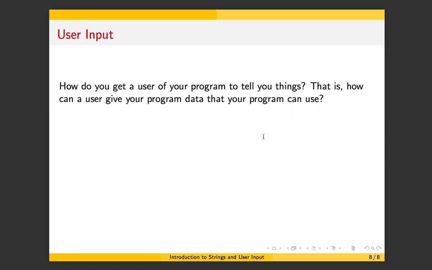Let me conclude this video with talking about user input. So what I'm thinking about here is a user of a program oftentimes is not using the code of the program. Think about any sort of game you've played on a computer. You're not dealing with the code of the game, but you still tell the game information, like easy or hard. Do you want to play on easy mode or hard mode?